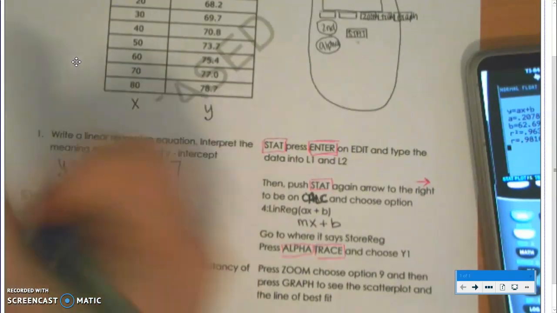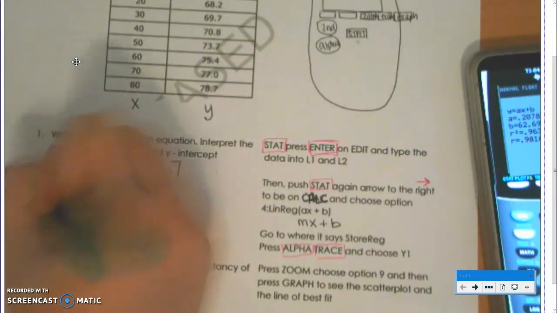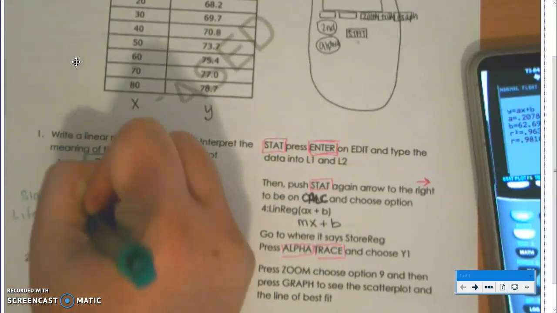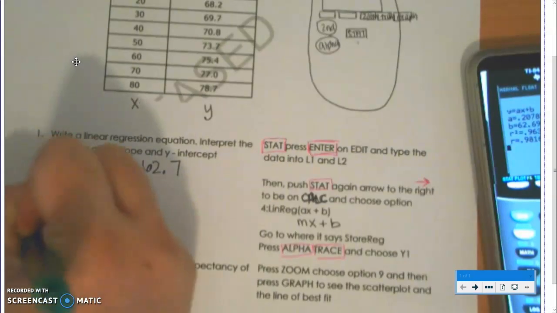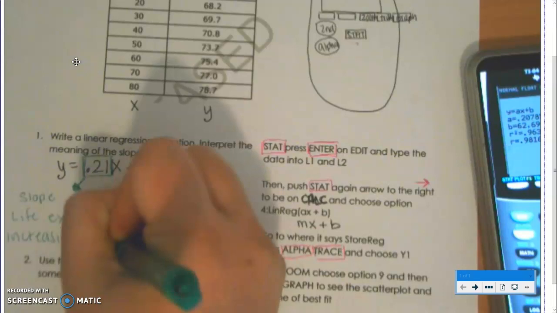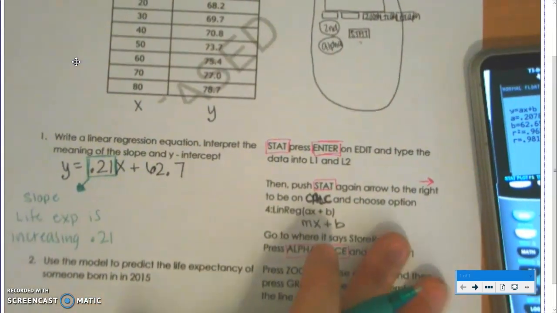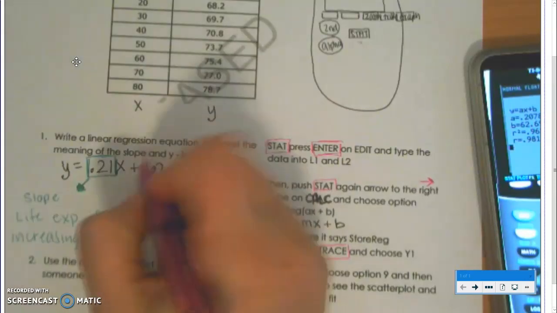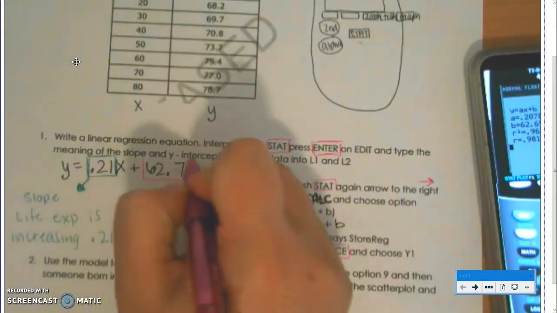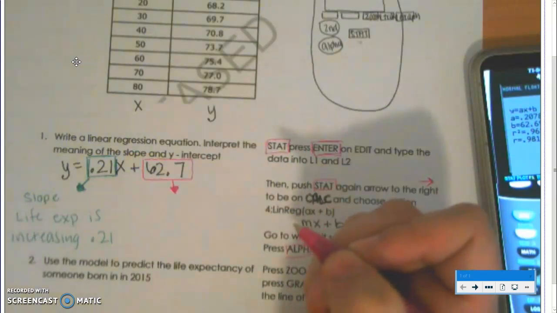And then some words like the life expectancy is increasing by 0.21 each year. Something like that. All right, the y-intercept is the b. And I am going to look for words that say that this is the starting number, the starting amount.